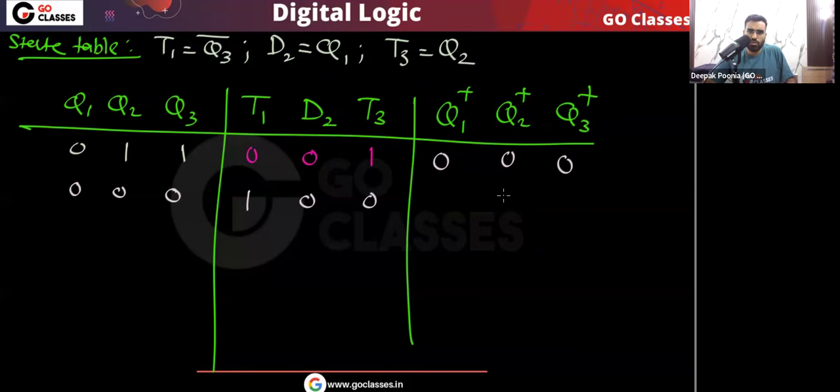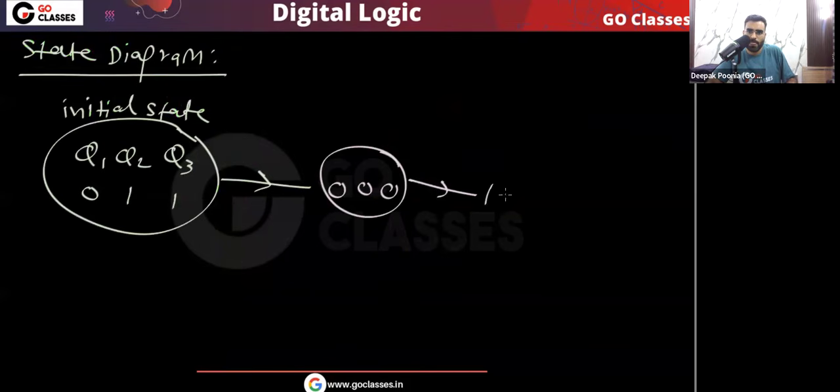Q2 plus will be the same as D2, because in the D flip-flop, whatever the D input is becomes your next state. In the T flip-flop, if the T input is 1, the state toggles; if the T input is 0, the next state is the same as the present state. So Q1 plus will be the complement of Q1, and Q3 plus will be the same as Q3. So from 0, 0, 0, we are going to 1, 0, 0.